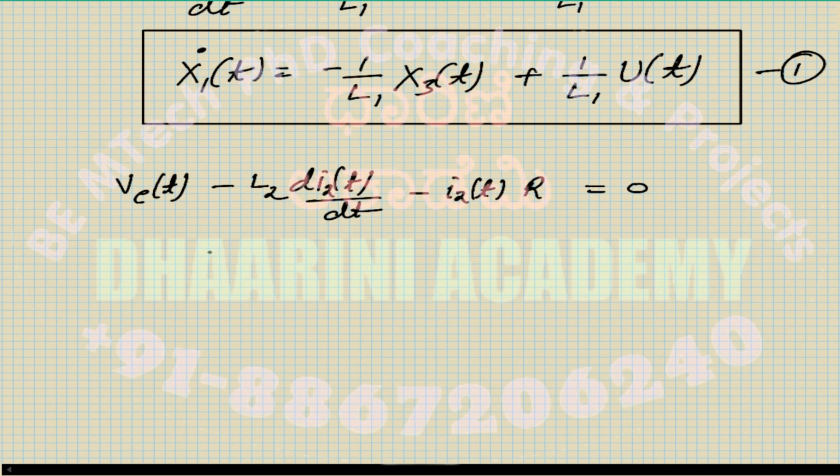Applying KVL in this fashion, I want to retain on the left hand side the part I want to use as a state variable, that is di2 by dt, and move the rest to the other side. So L2 into di2 of t by dt equals Vc of t minus R into I2 of t.